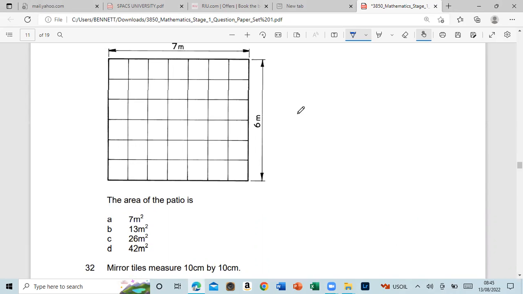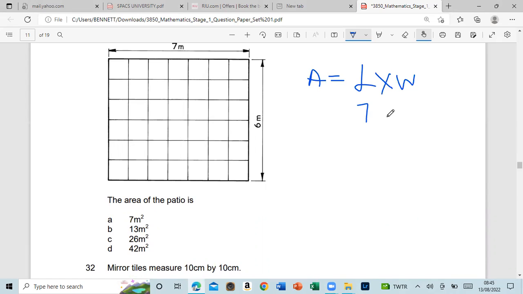Everyone see him get that? So it's a rectangle. And to find the area, we say length times width. So that would be 7 times 6, which is equal to 42.